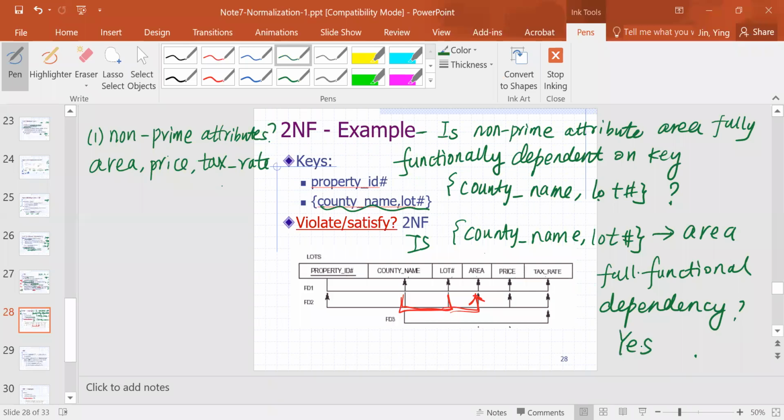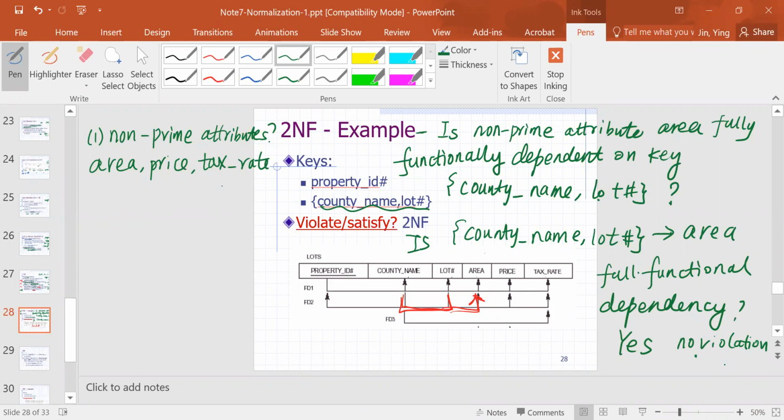And very soon, you will see another case that is not, and you can compare and see why this is yes, this is no. But in this case, yes, this is a full functional dependency. So far, we do not have any violation, right? So no violation here right now.